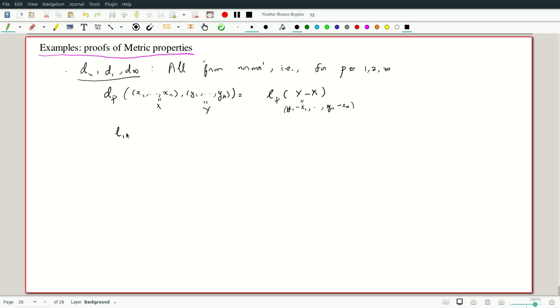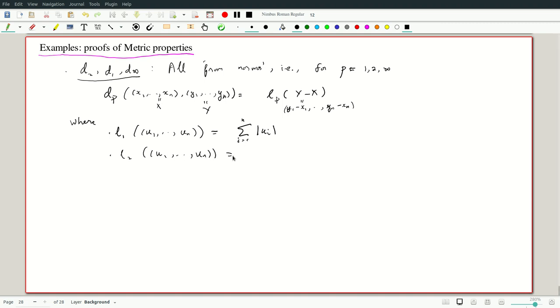First of all, L1. Now I have to say what L1 is of a vector. If I look at the vector with coordinates u1, u2, up to un, by the way, strictly speaking you have to write brackets of a single function, but we'll often write it as a function of n variables with this understood. So this is going to be the sum from i equals 1 to n of mod ui. And so this gives you the differences. Then L2 of u1 to un.